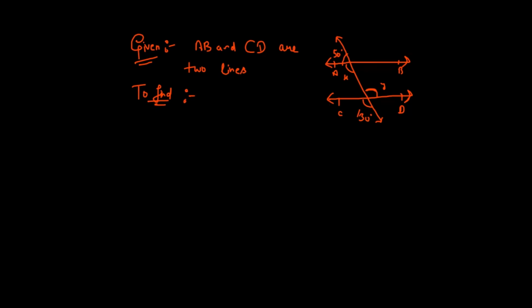Now there is an important thing: where you have to write to find, to show and to prove. These three terms we mainly use. If you are finding any value, you have to write there to find.